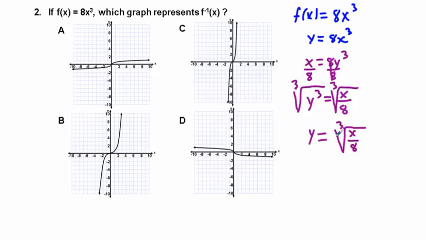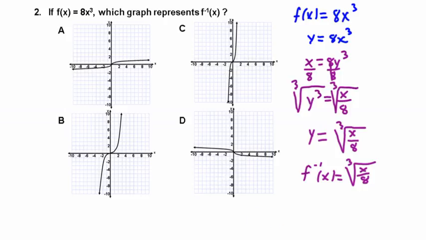And then we change this to f negative 1 of x equals cube root of x over 8. And then we graph this equation here, and see which graph best matches that.